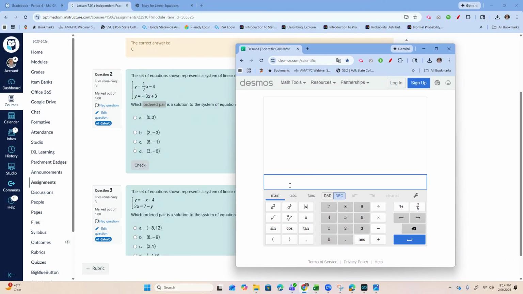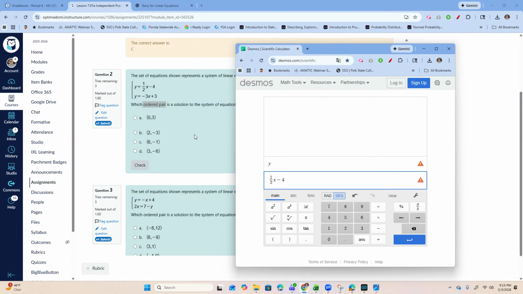First, I'm going to put the Y here, and on the other side I'm going to put 1/2 X minus 4. I hope you notice that what I wrote in the calculator is the Y on the left side in one line, and the 1/2 X minus 4 in the other line.